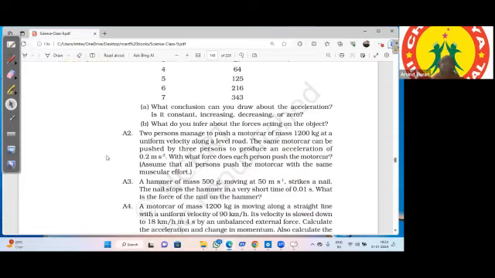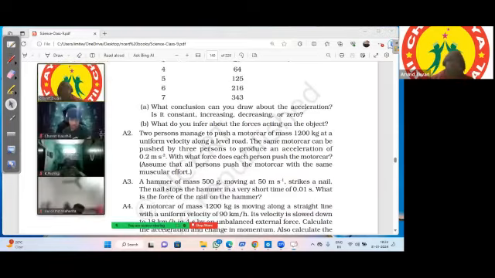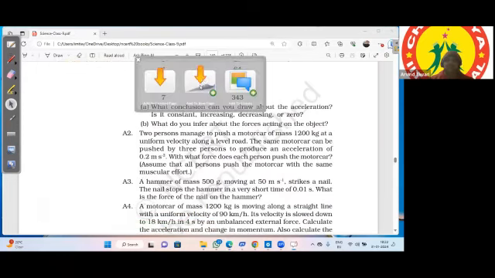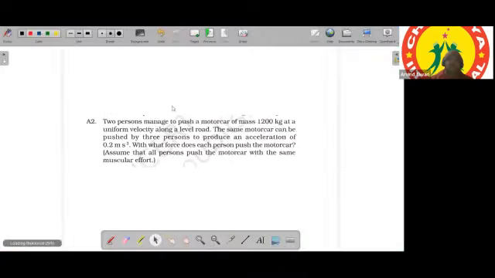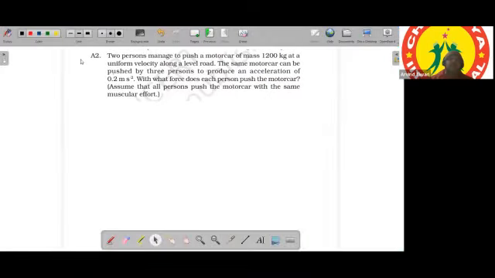Okay, see question number 2. Try solving this problem. Two persons managed to push a motor car of mass 1200 kilogram at a uniform velocity along a level road.